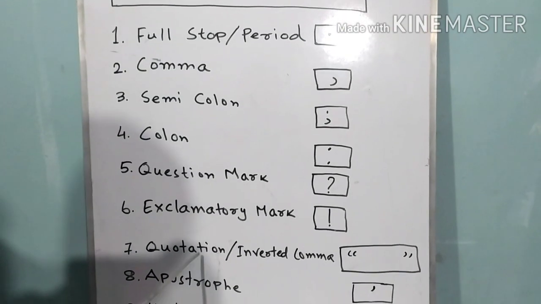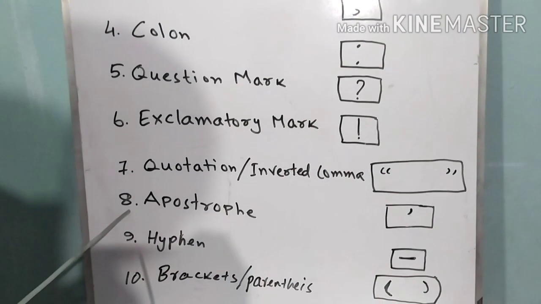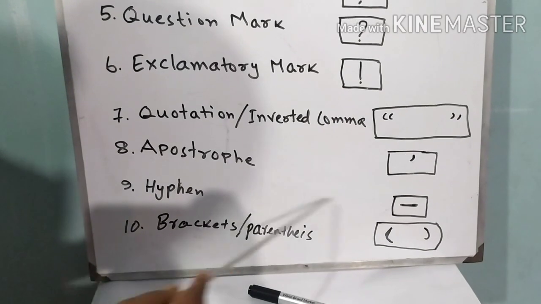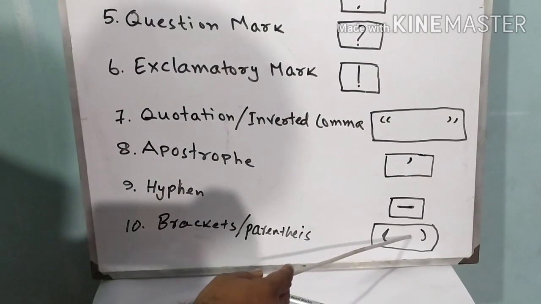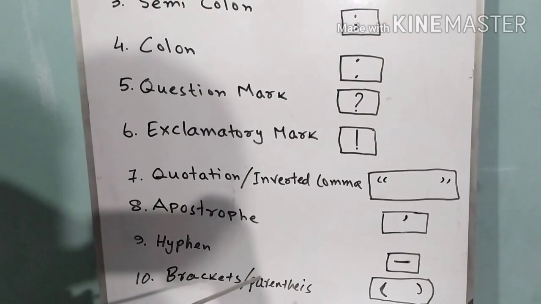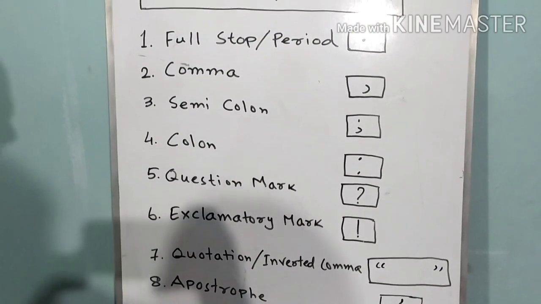Number 7, quotation or inverted comma. Number 8, apostrophe. Number 9, hyphen. Number 10, brackets or parentheses. Punctuation marks are commonly used in sentences.